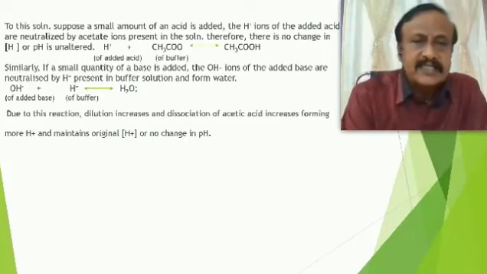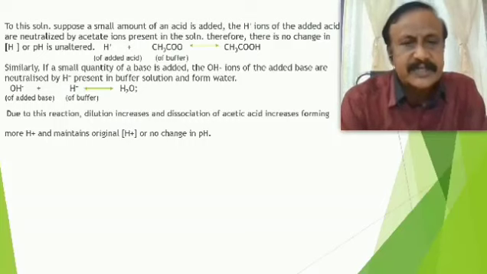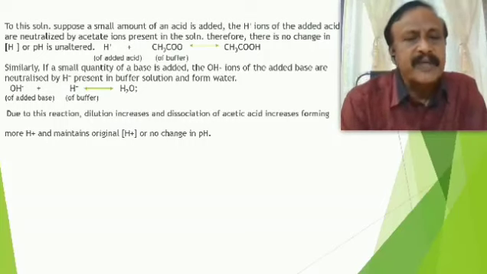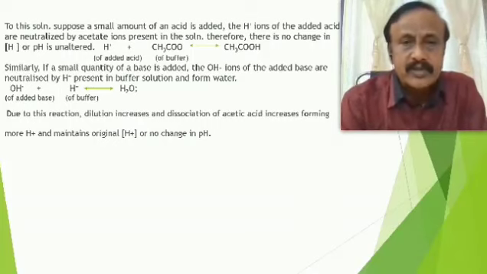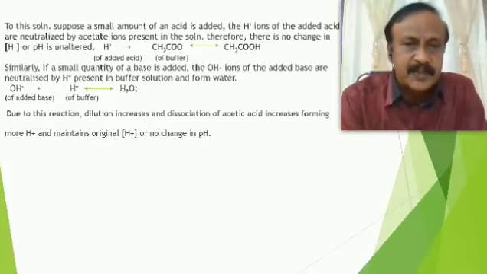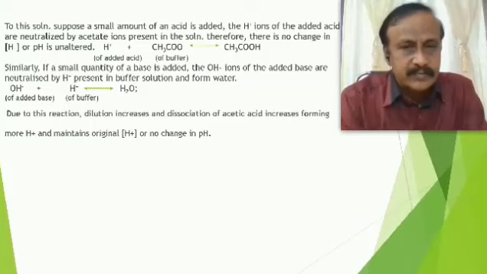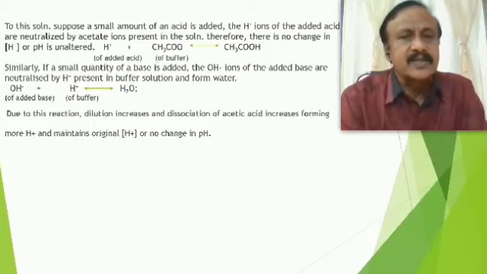When an acid is added or a base is added, H plus concentration remains constant, or the pH of the solution remains unaltered, because the buffer solution undergoes adjustment in such a way that whatever the effect caused, that cause is cancelled. So if acid is added, H plus ions of the added acid are neutralized by acetate ions which are there in the solution.